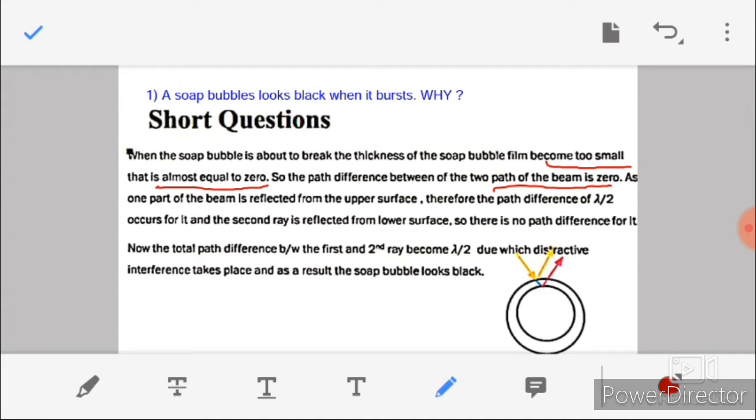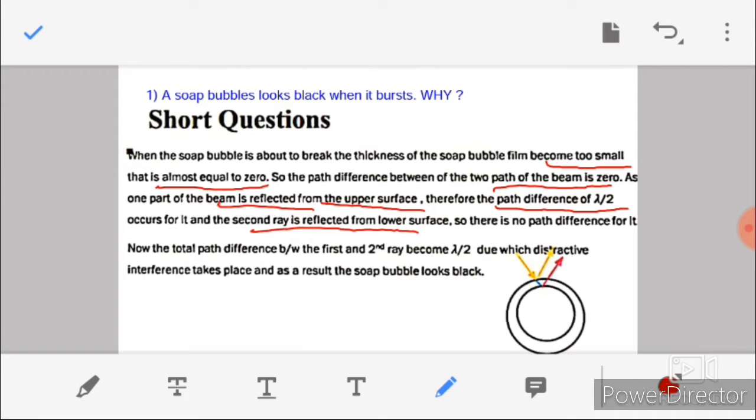As one part of the beam is reflected from the upper surface, a path difference of lambda by 2 occurs for it. For the first ray, we have a path difference of lambda by 2. The second ray is reflected from the lower surface.